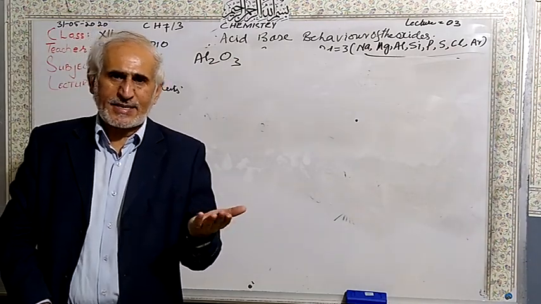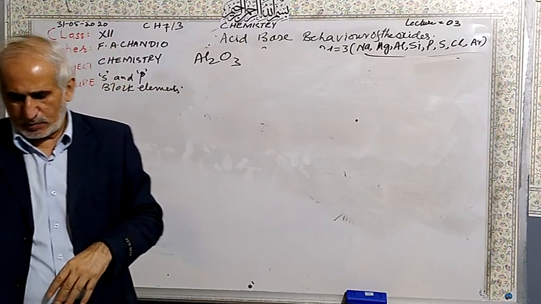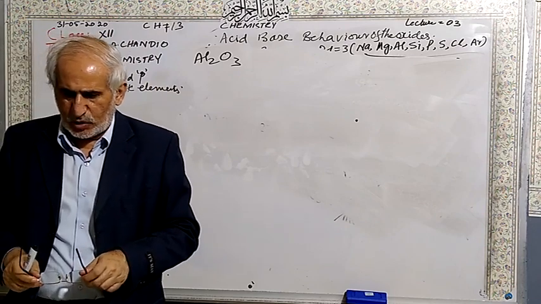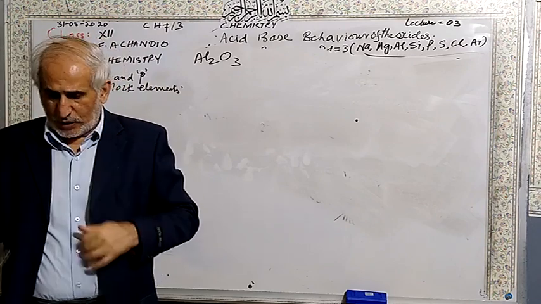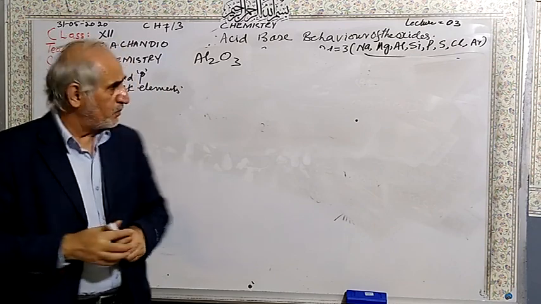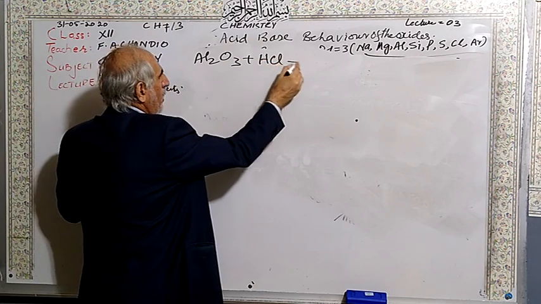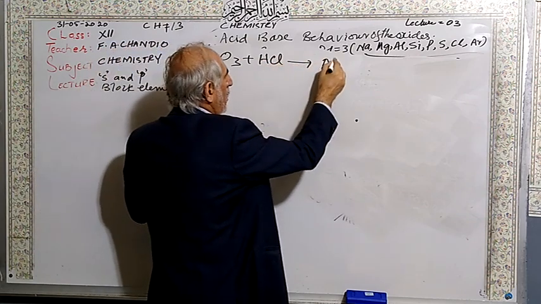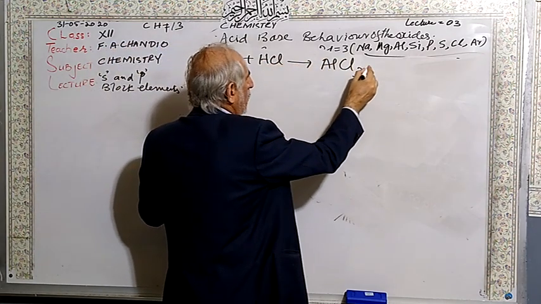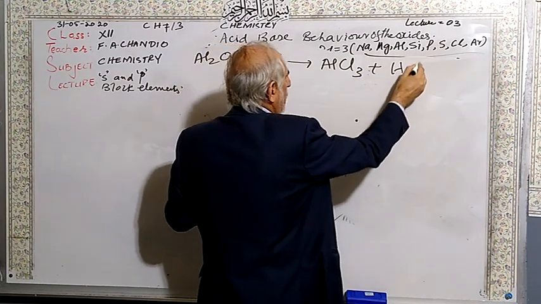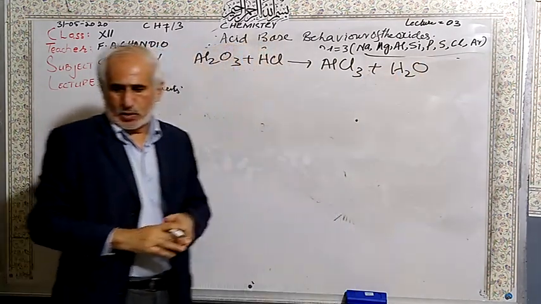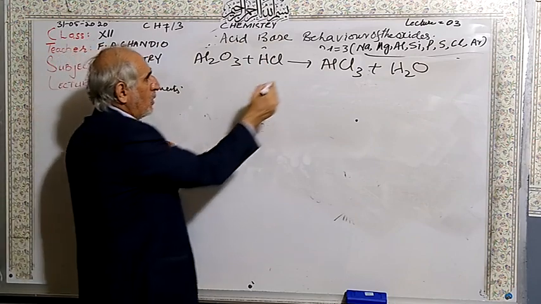It can react with acid and it can react with base. The chemical reactions are given in your book here. So it can react with acid, HCl, to give aluminum chloride plus water.